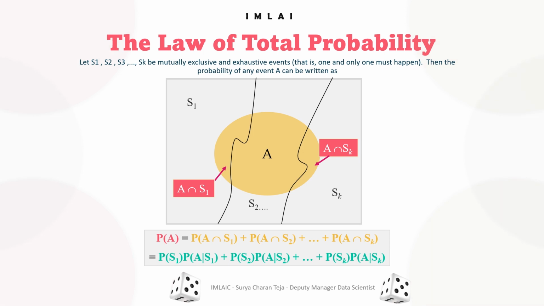So let A be an event, and let S1, S2, S3 and so on Sk be a partition of the sample space. You see that? Partitions of the sample space. Then probability of A is equal to the summation of the products of the conditional probabilities of the event occurring given each possible condition.